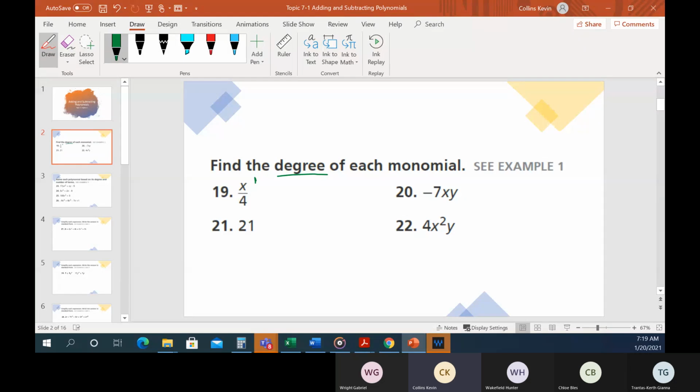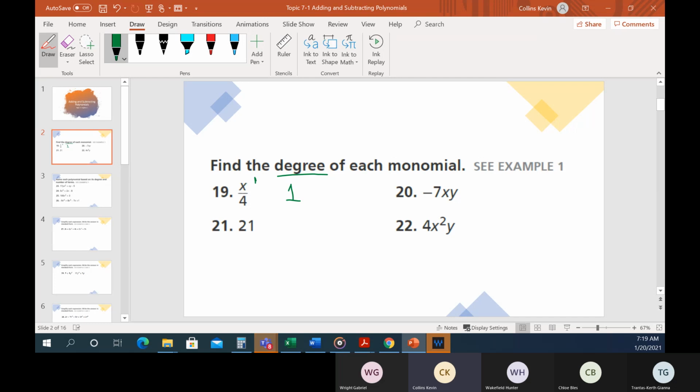Nope, not the 4. The biggest exponent. So it's x to the first. So what's our biggest exponent then? X to the what? Yep. So the degree on this one is 1.